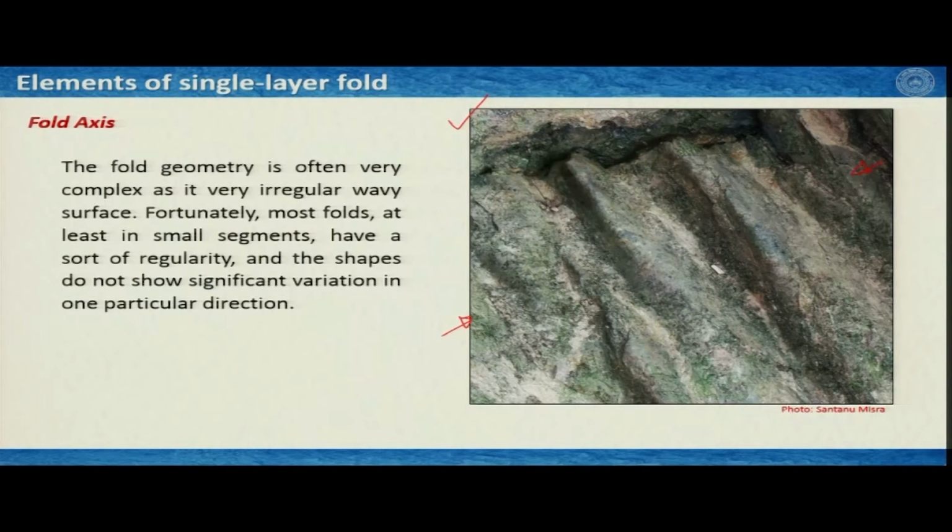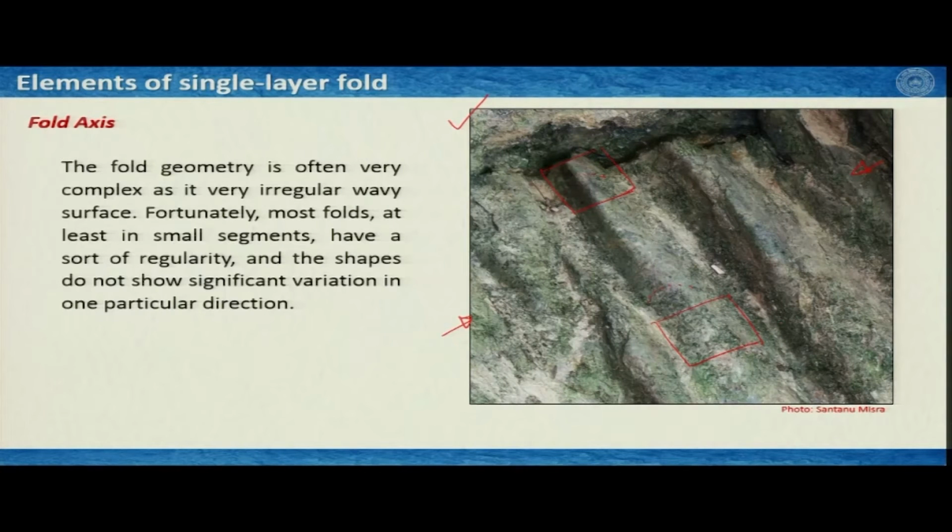If we measure the interlimb angle here and the interlimb angle here, these two would be very different. So, on a single folded surface, the interlimb angle is changing. We can also figure out the overall geometry: here I have a very distinct fold and here the fold has almost disappeared.